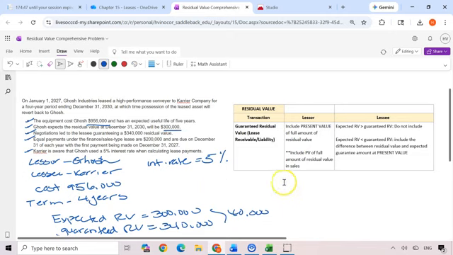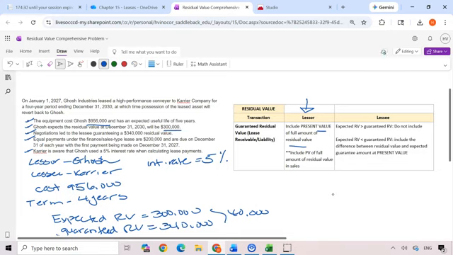I also have right here on the right-hand side a little table about how to treat the residual value in a lease when it's guaranteed. I have the lessor side in the middle column and the lessee side on the right. Here I'm going to focus on the lessor, and it tells me that I'm going to include the present value of the full amount of the residual value.